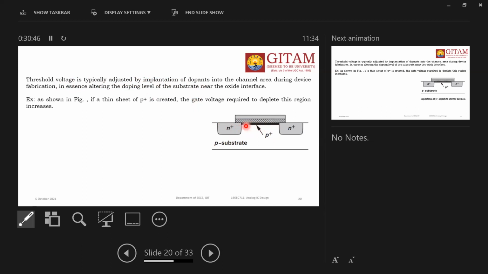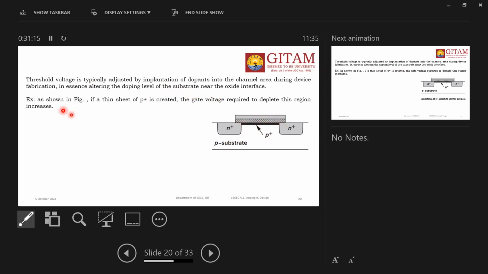This is generally used in depletion MOS transistors, because in depletion MOS transistors the channel is already present during fabrication. Threshold voltage is adjusted by implantation of dopants into the channel area during fabrication itself, where we keep a layer of P plus. This is called the implantation.